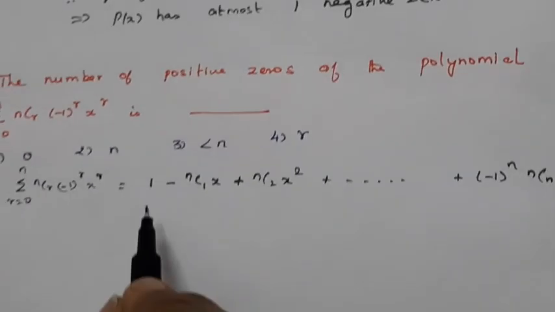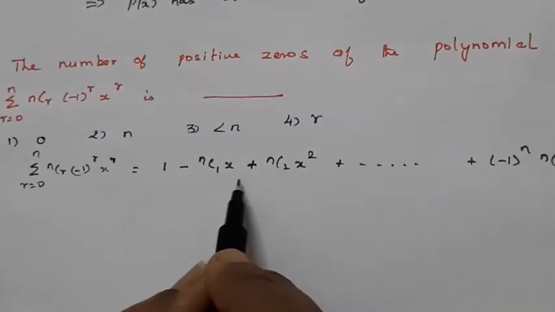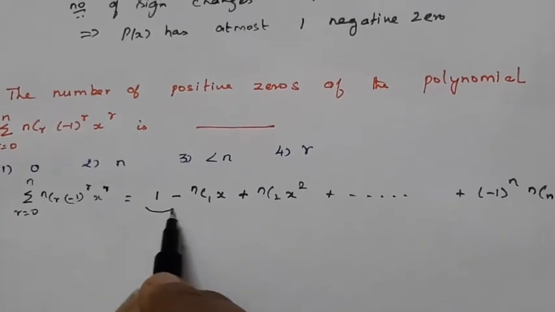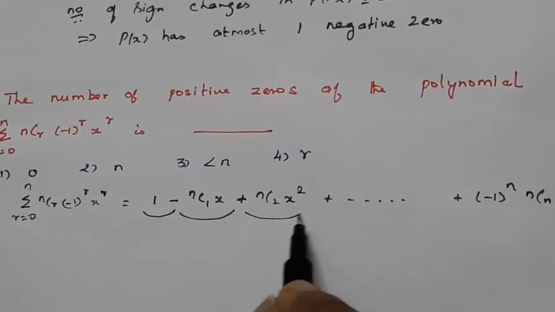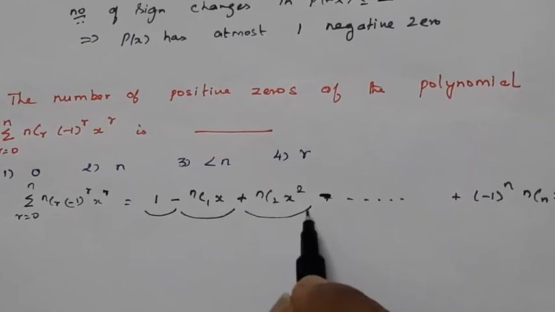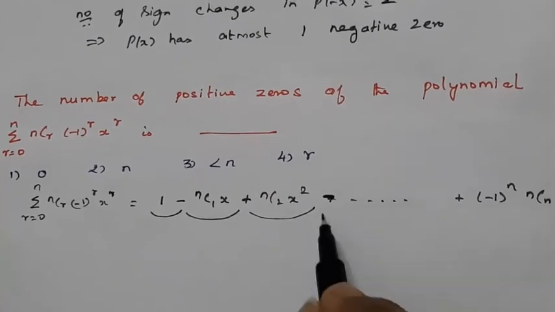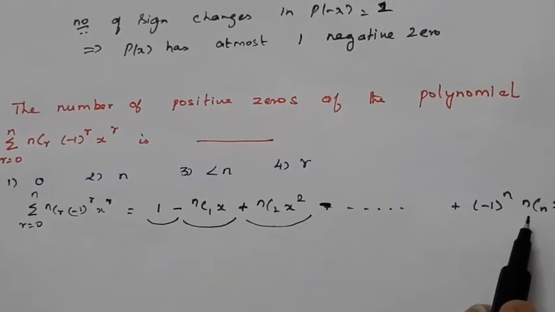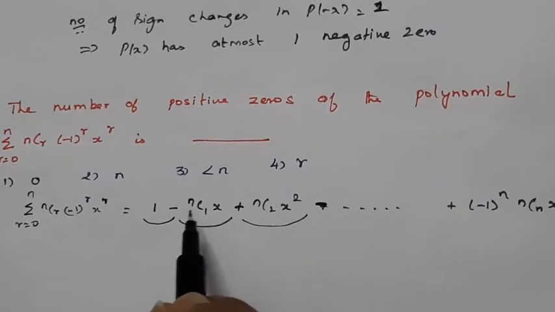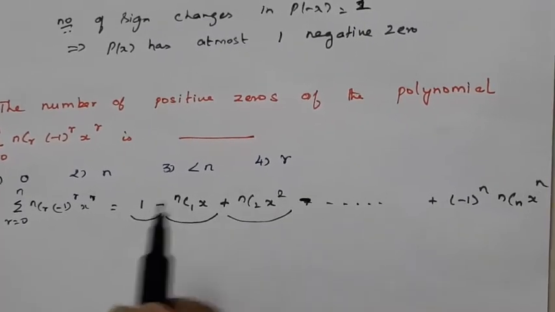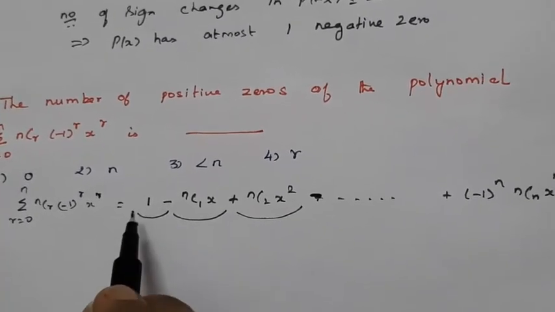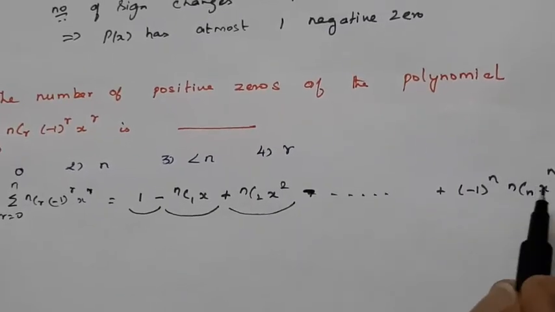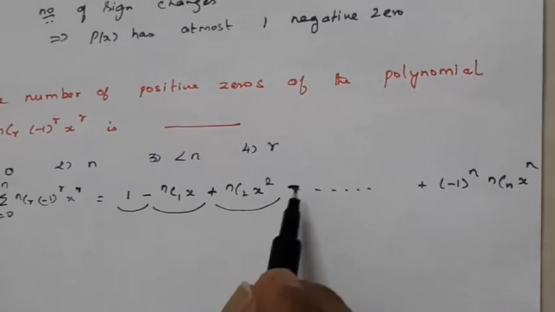Okay. And moreover, if you look at the sign changes from plus to minus and then minus to plus, plus to minus, the number of sign changes will be n, because this is nothing but the expansion of 1 minus x the whole power n, and the power is n so it should have n plus 1 terms.